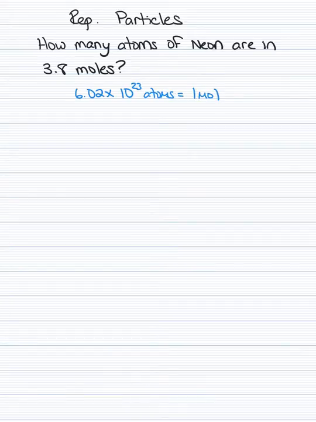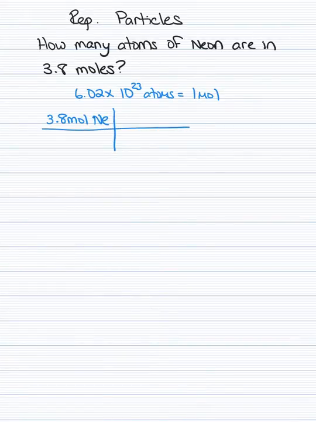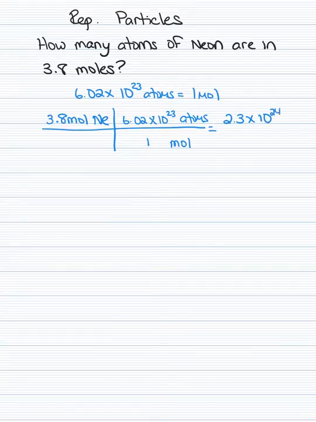So we're going to start with our 3.8 moles of neon, and we know that there are 6.02 times 10 to the 23rd atoms in 1 mole. When you do that, you are then going to have 2.3 times 10 to the 24th atoms of neon.